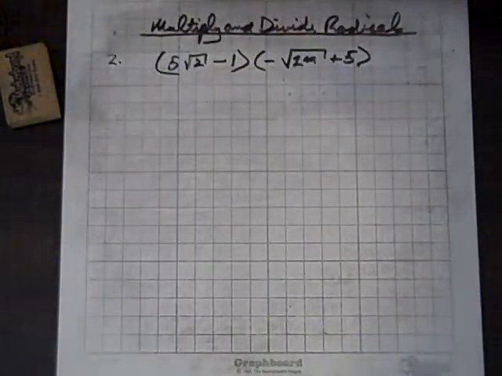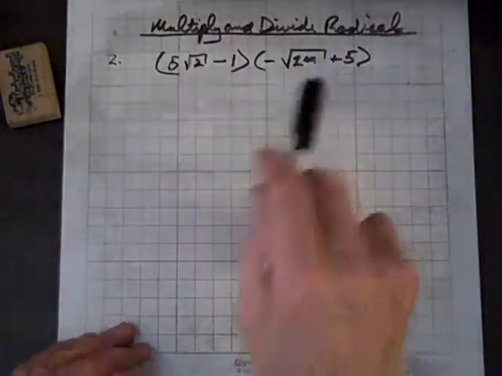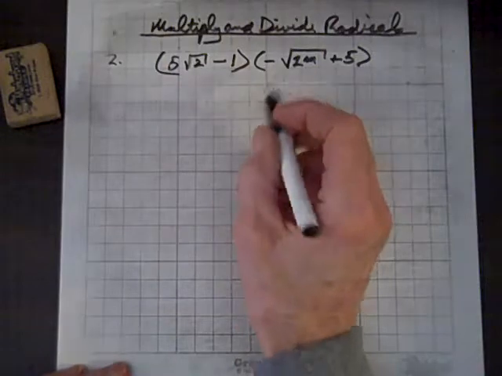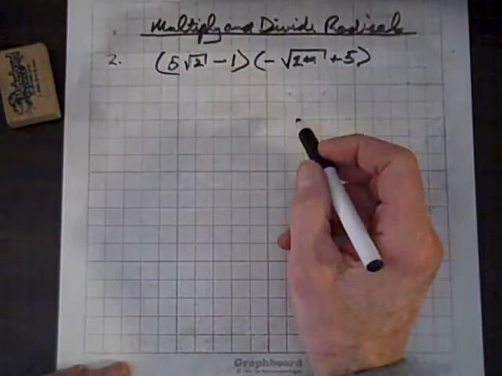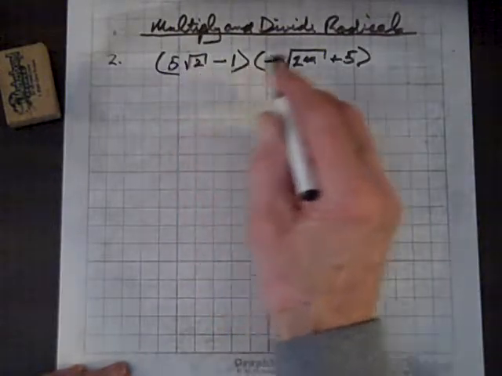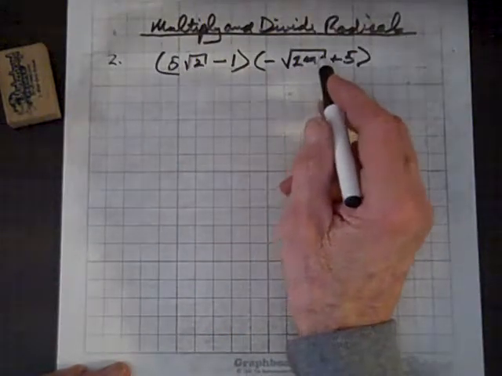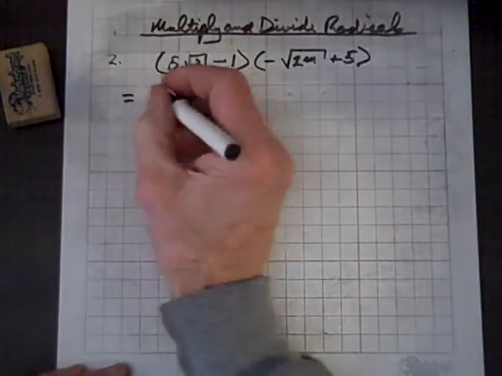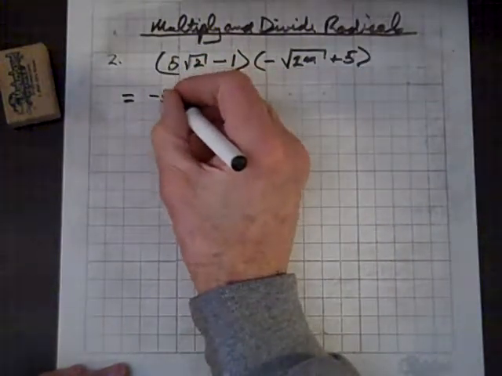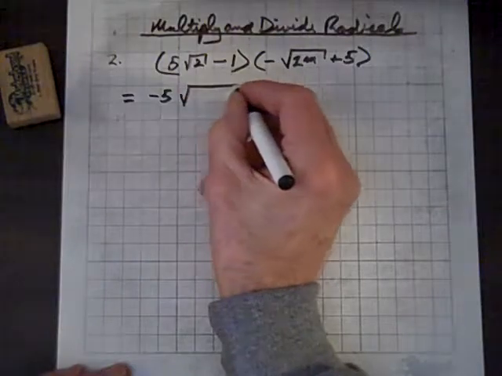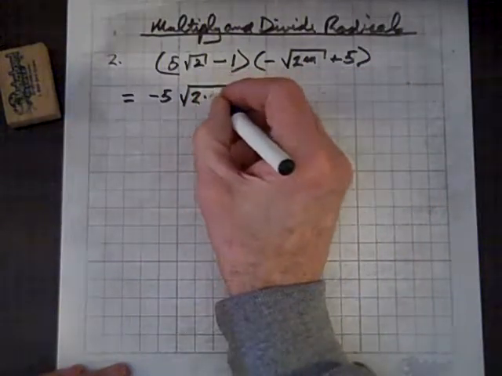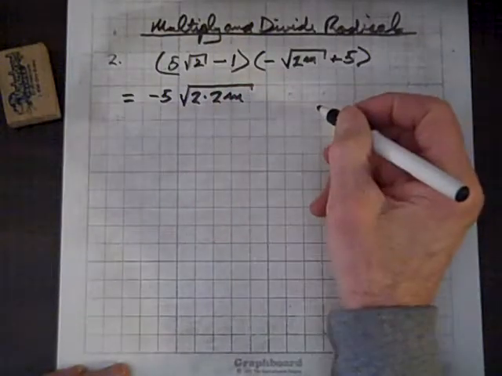Now we have to FOIL these two expressions contained in the parentheses. So we have 5 root 2 times negative root 2m. So that's going to equal a negative times 5 is negative 5, and root of 2 times 2m.